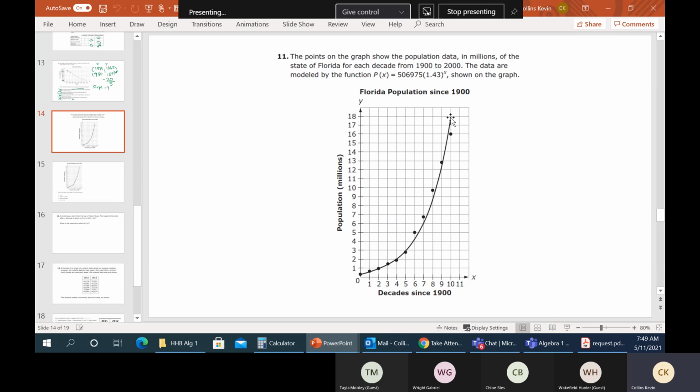All right, so that goes to 2000. Now, amazingly enough, at 2000, look here, we're about at 18 million, right? We are over 21 million now since 2000. So that's not 100 years, that's only 20 years. So Florida is definitely on an exponential growth rate.